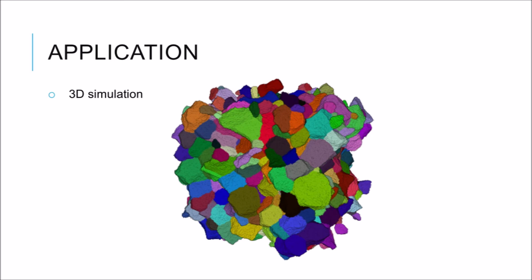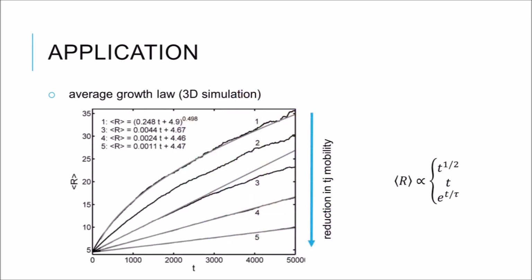Do such a 3D simulation and you can see an image here. But what does the kinetics look like? To that aim, let's plot the average growth law. So let's plot the average grain radius as a function of annealing time. And what we see is the upper curve is again normal grain growth, and then we reduce systematically the triple junction mobility.